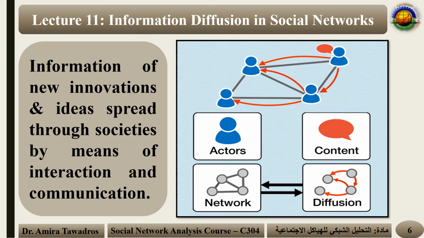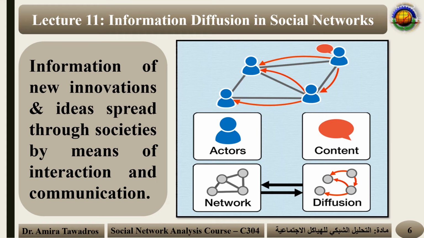So we have actors in blue, and these actors represent people in society, and in the network context we say that they represent the nodes of our network, and we have a message or a content that will spread from one person to another or from one actor to another. But in order for this content to spread from one actor to another, it needs both a network and a diffusion mechanism.